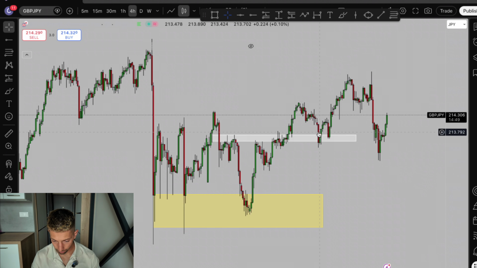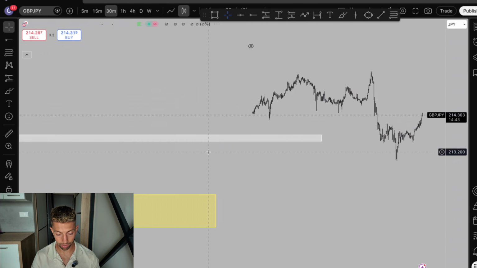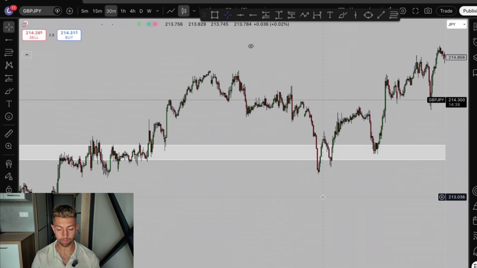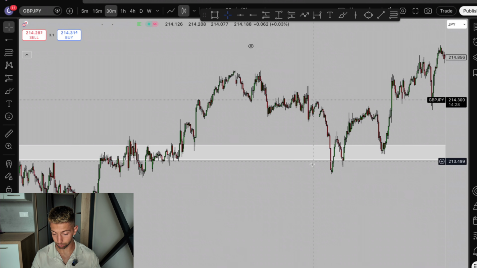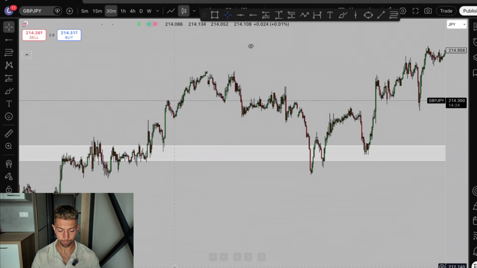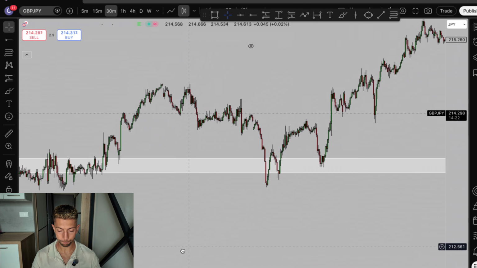Whenever price was trending right here, I dropped down on H1 and entered the time frame, and what I wanted to see was a lower time frame structure shift, which is a third confluence. First confluence is the trend, the bias. I know I'm bullish. Second confluence is key level, so I know I'm trending off a key level, the major key level, this yellow box down there.